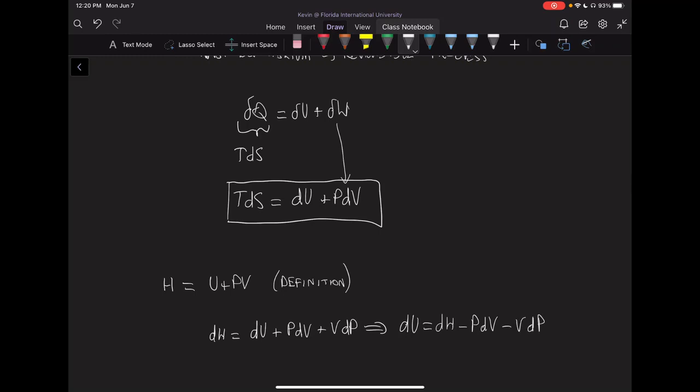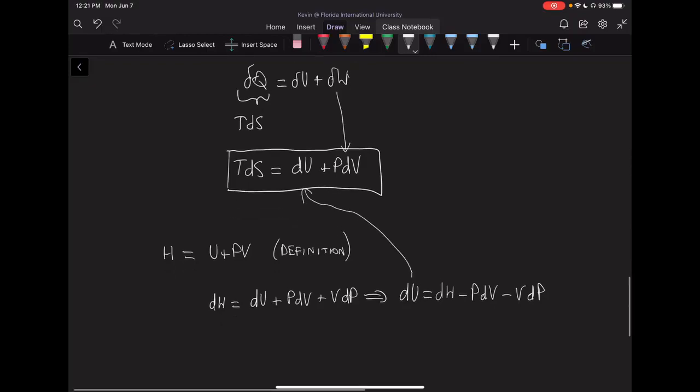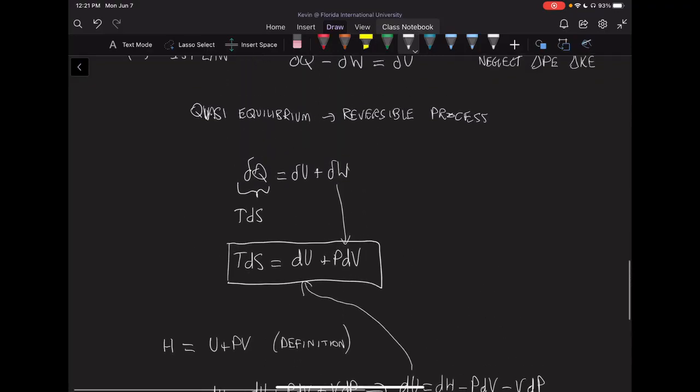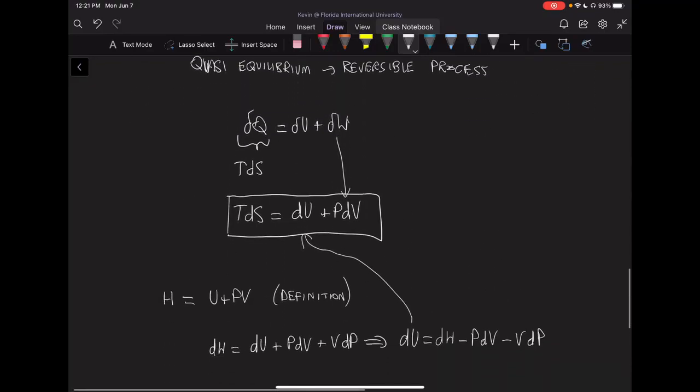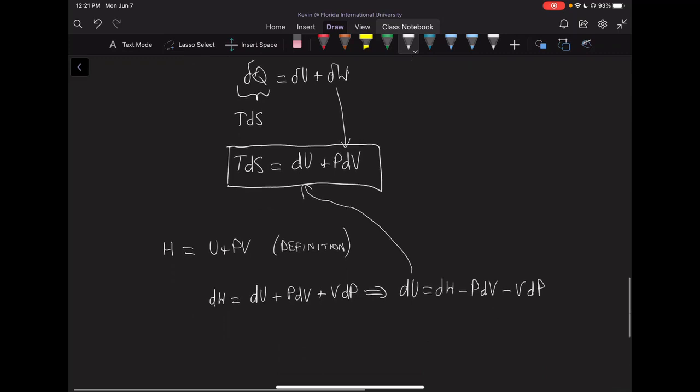And if we plug that back into our first equation, we find our second Gibbs equation, which gives us TdS is equal to dH minus V dP. The P dVs cancel when you plug into that equation. So we have these two equations that stem from this.